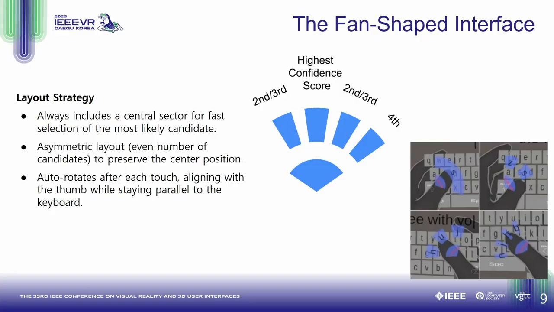This helps users always have one button in the middle to select, and it can speed things up. And the user interface always auto-rotates after each touch, aligning with the thumb while staying parallel to the keyboard for easy access.